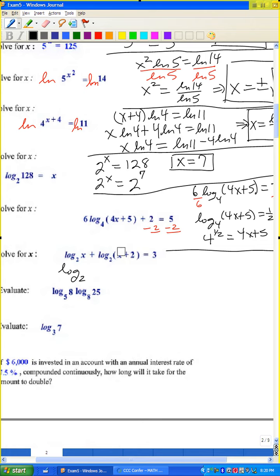So x times x is x squared. x times 2 is 2x. Let's rewrite this in exponential form. So the base is 2, the exponent is 3, and the result is x squared plus 2x. 2 cubed is 8.